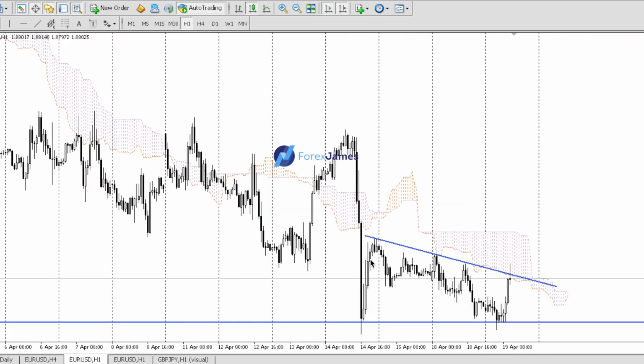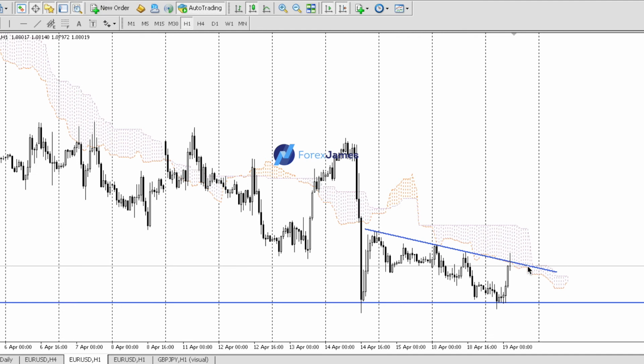On the H1, we have a diagonal downtrend line and an attempt to break out of it, which could very well be a fake out to the upside. I'm gonna bet that this trend line would hold, and this is indeed a fake out, and will enter as prices move lower for a sell to the downside.